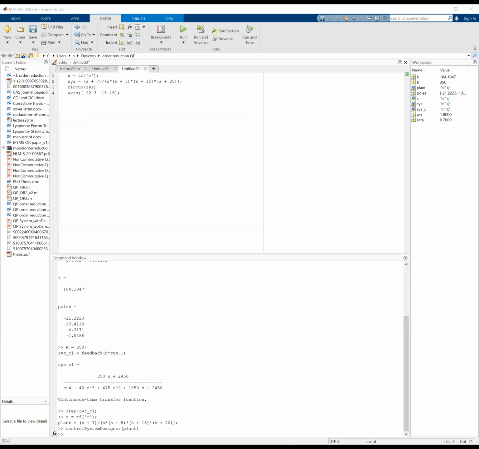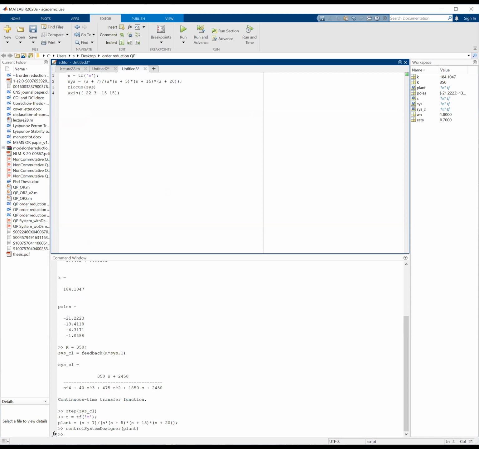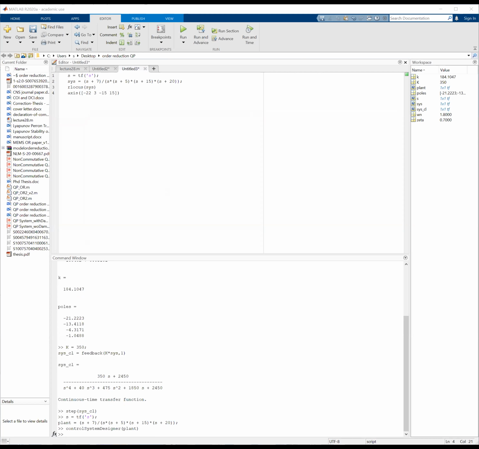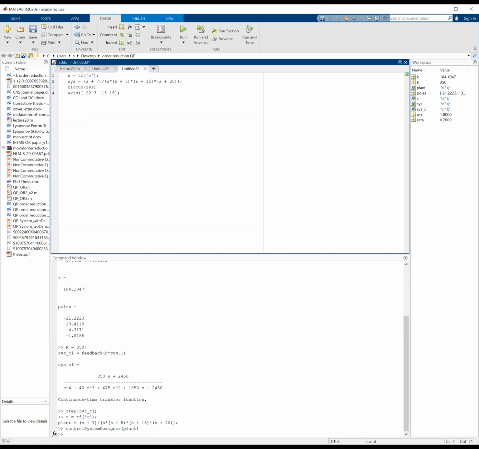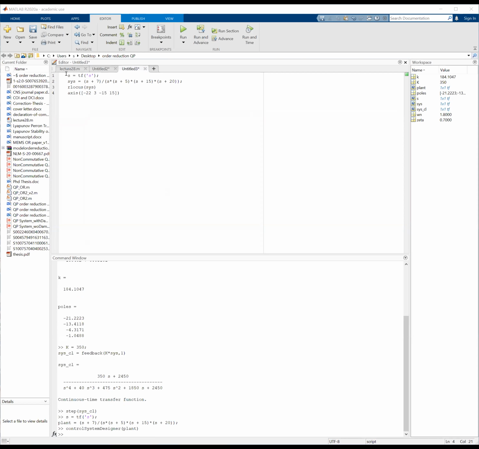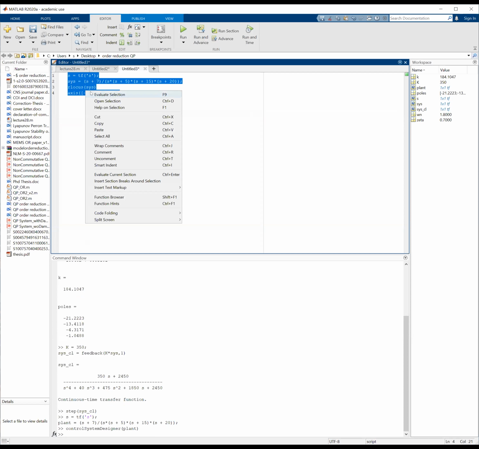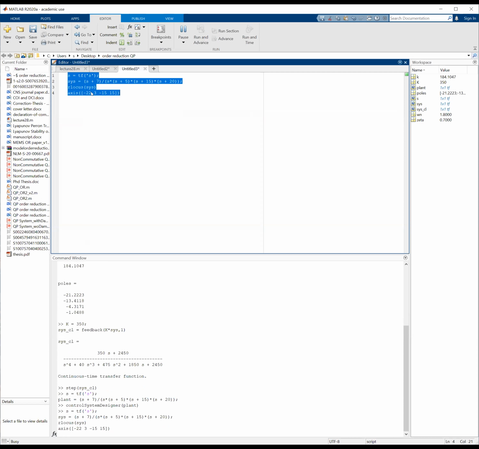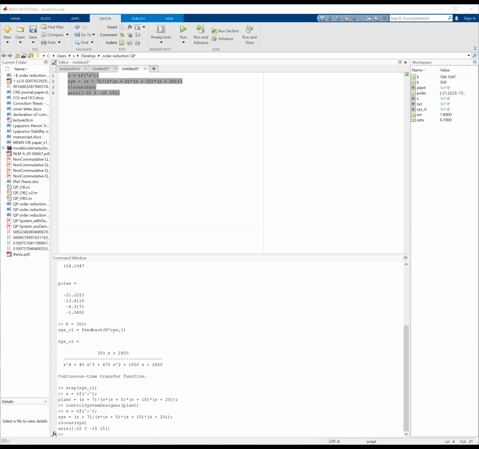In the chat window, you should be seeing the code. Now, once you run this code, it will plot the root locus. And I will share my root locus.